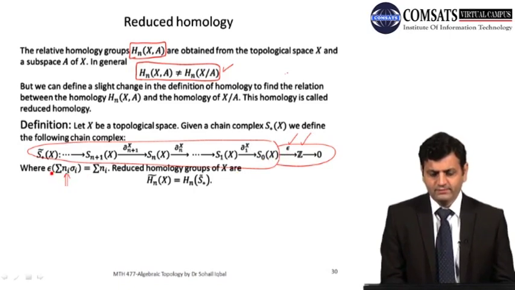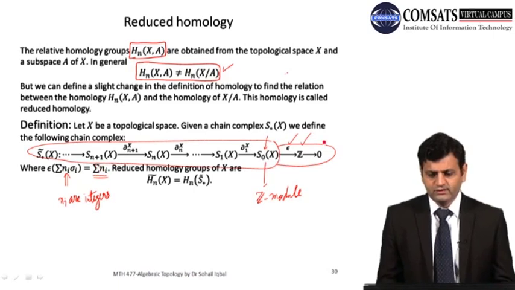When we apply epsilon to this, it is equal to just the sum of these coefficients, and this is going to be an integer because S0 of X is a Z-module, so the coefficients ni are integers. When you consider this chain complex, the homology defined by it is called the reduced homology of X.